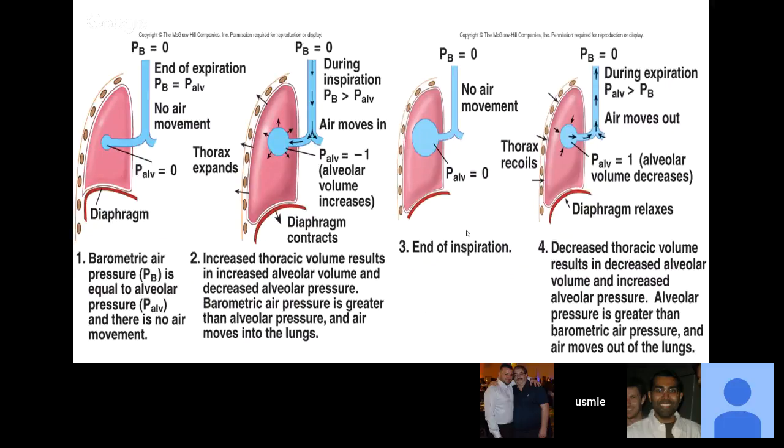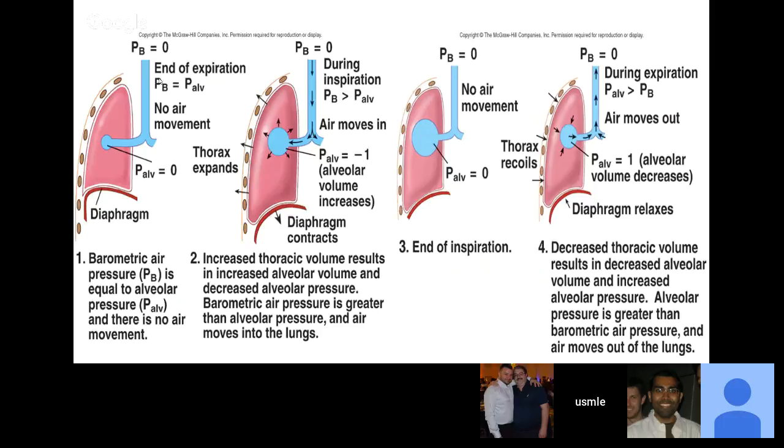So now this is not that complicated, but just for what we talked about so far. When you are at rest, this is the end of expiration. At the end of expiration, the barometric air pressure should be 0.